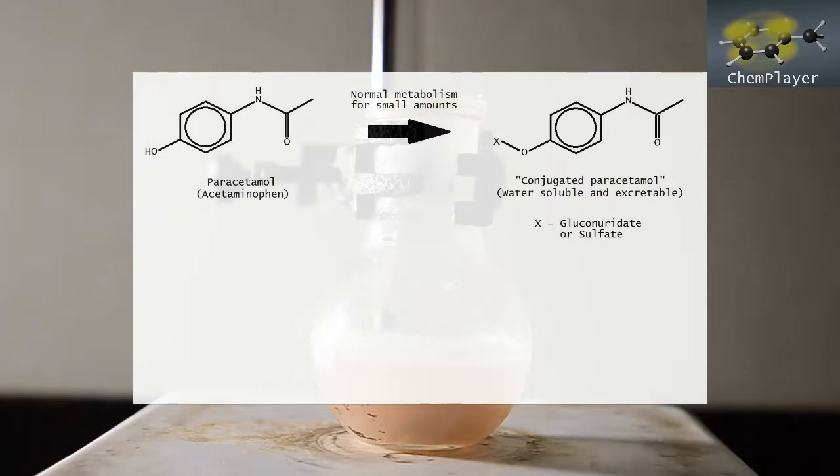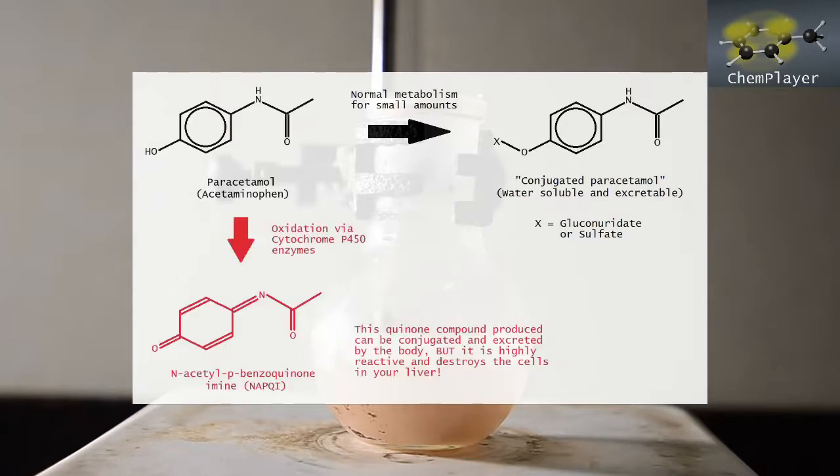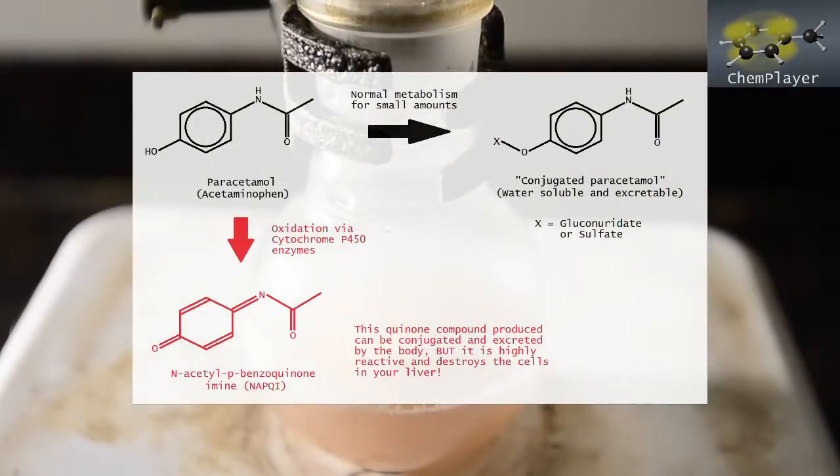If you take more paracetamol than your body can process, then your body has another way of trying to remove the paracetamol. And just like it does for other compounds you might ingest such as ethanol, it attempts to oxidize the paracetamol molecule in order to turn it into something highly water-soluble and easily excretable.